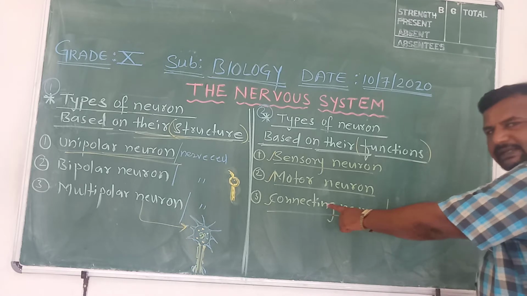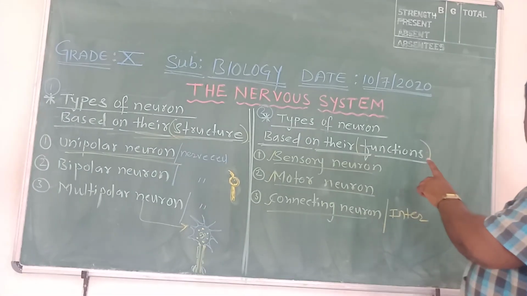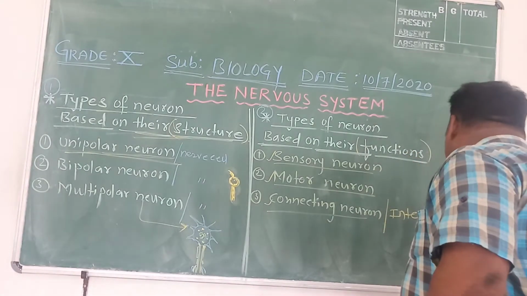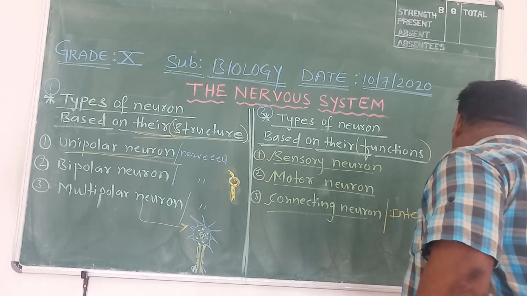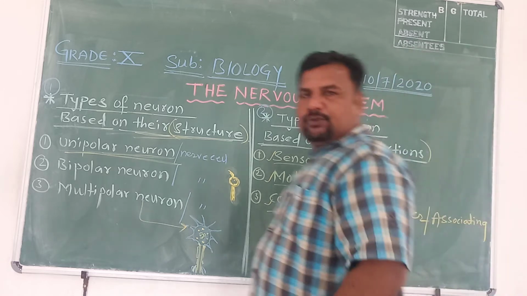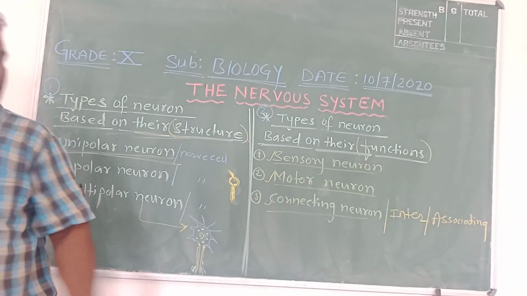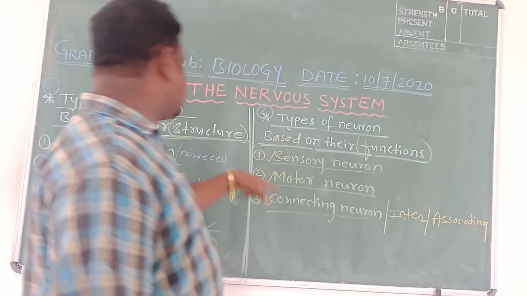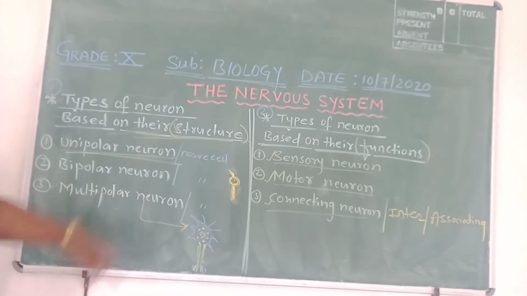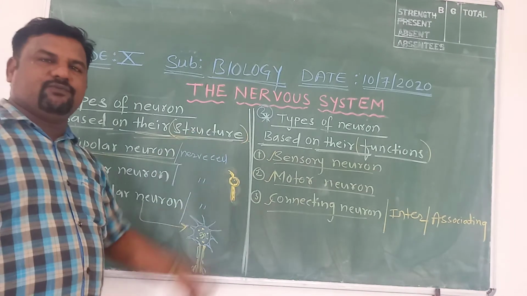You can call it a connecting neuron or interneuron, or it can be called an associating neuron. So these three types of neurons are based on the functions they perform.